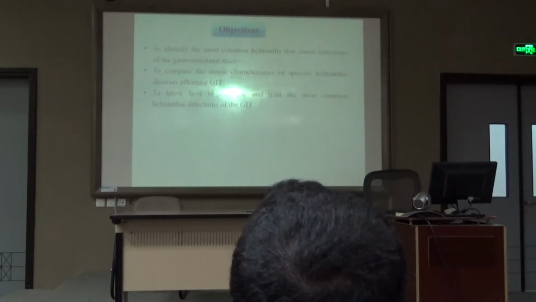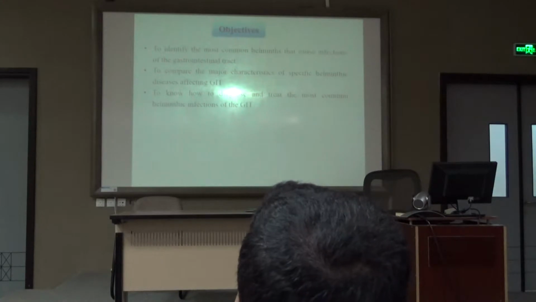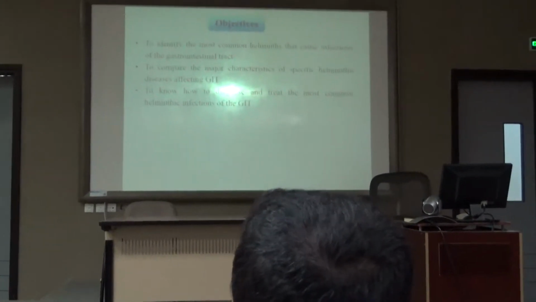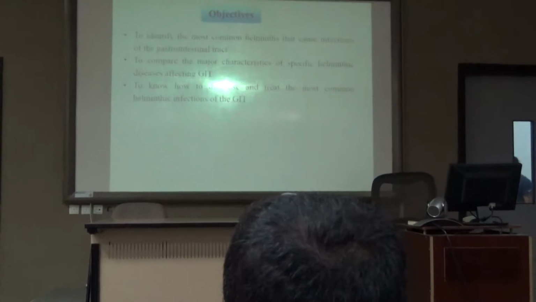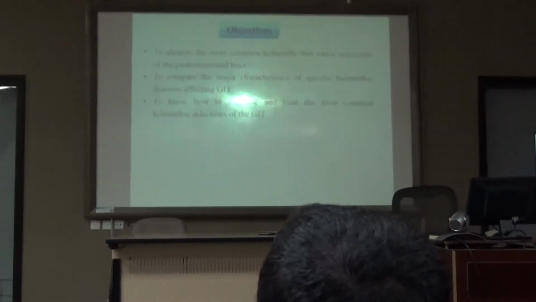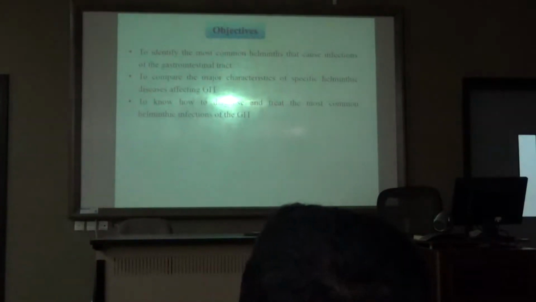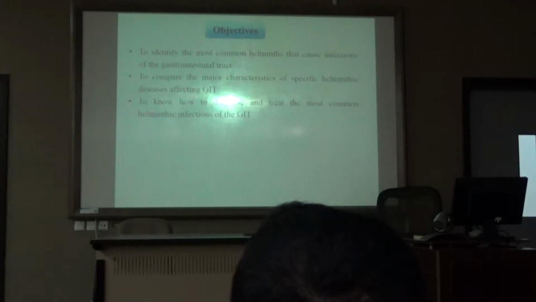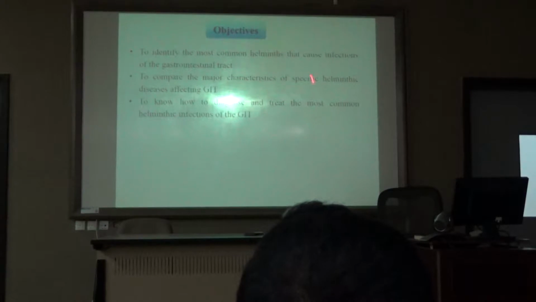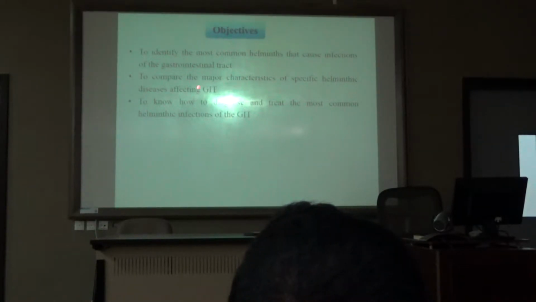So, today we will discuss about the GI helminthic infections. We will discuss about the common helminths that cause infections in GI tract, compare their characteristics, important characteristics only, which are important for their identification and diagnostic purpose.